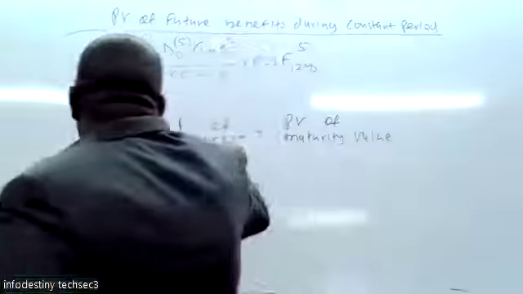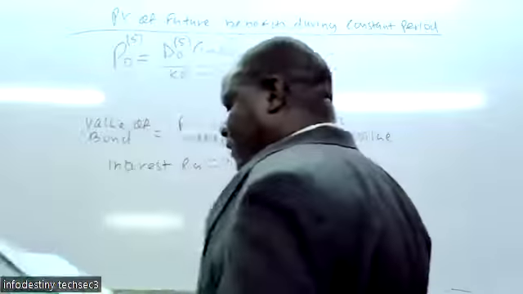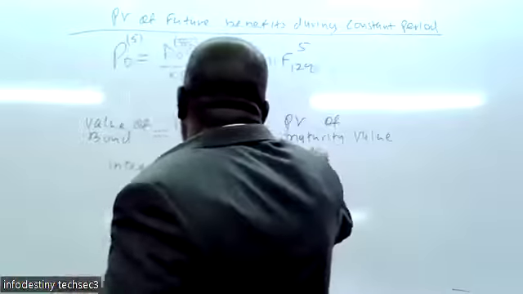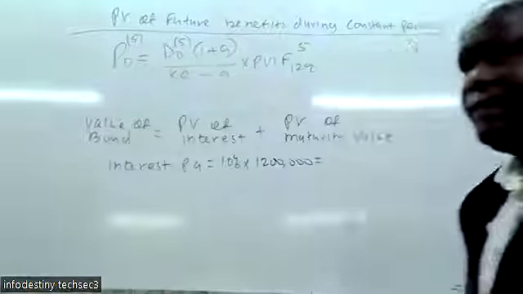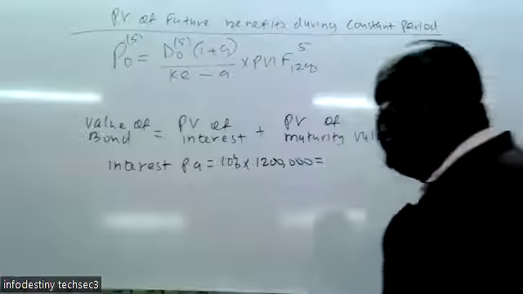So you get 10% of the par value, and that par value is 1.2 million. So it should give us 120,000.